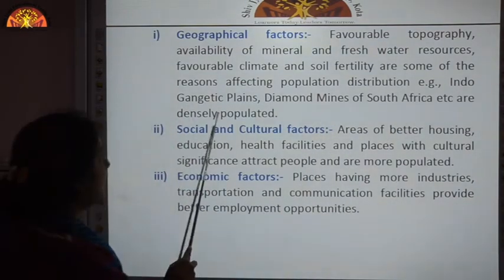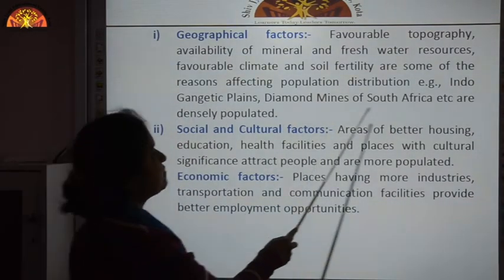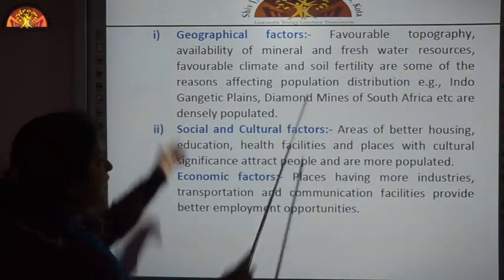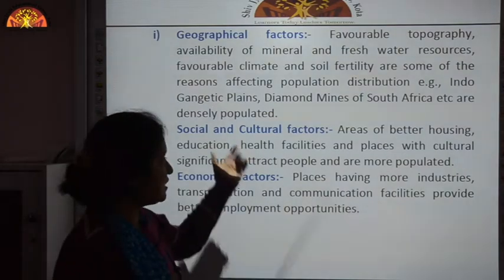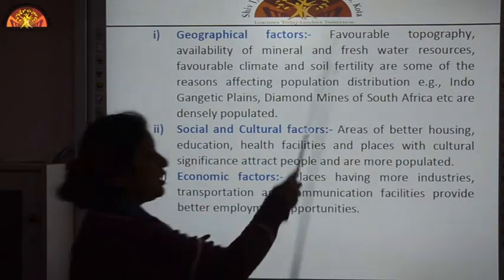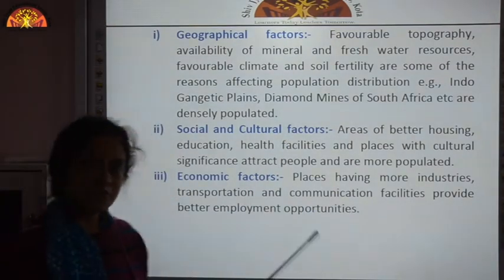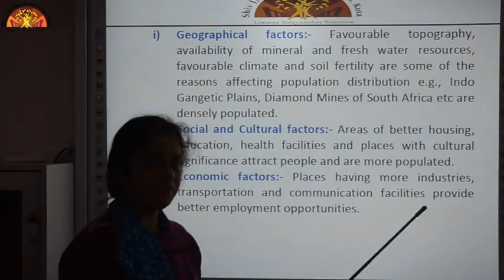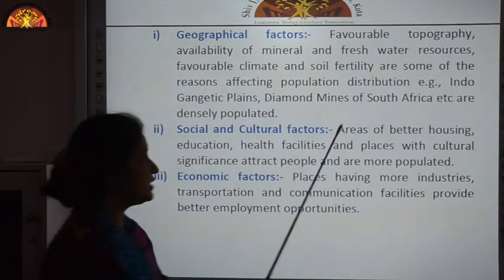Example, Indo-Gangetic Plain, diamond mines of South Africa, etc. are densely populated. ये एरिया गैंगेटिक प्लेन्स का, नॉर्दर्न प्लेन्स का ज़्यादा पॉपुलेटेड क्यों है, पॉपुलेशन यहाँ पर ज़्यादा क्यों है? क्योंकि यहाँ पर ये सब सुटेबल सर्वाइवल कंडीशंस अवेलेबल हैं. People prefer to live in these type of places.